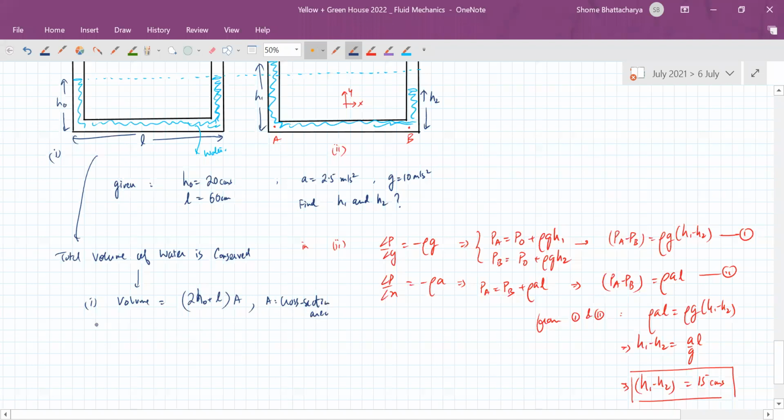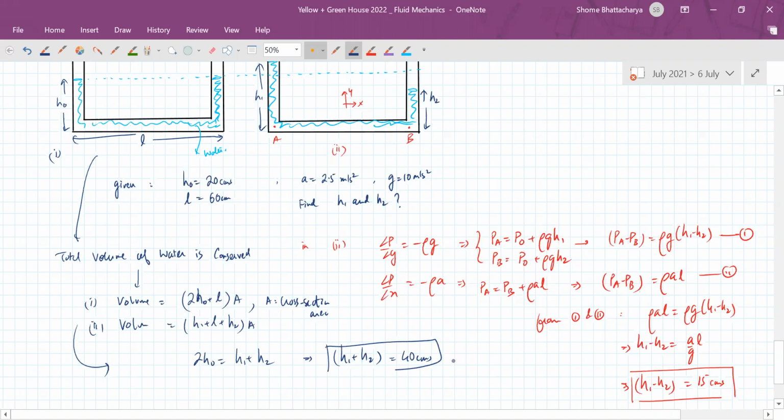In the second diagram, the volume is (h1 plus L plus h2) times the same area. So conserving the volume, you can see that 2h0 is equal to h1 plus h2. So h1 plus h2 should be equal to 2 times h0, which is 40 centimeters.